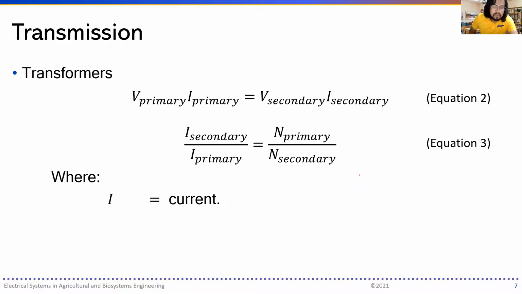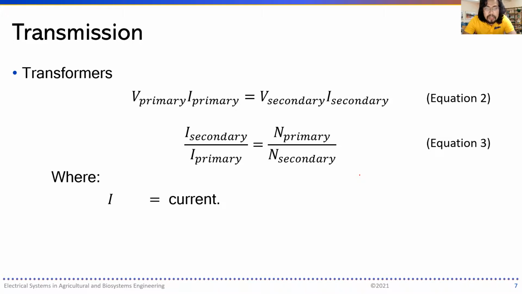Another important relationship in a transformer is that the power in the primary circuit and the secondary circuit are the same. Okay, this just follows the conservation of energy.